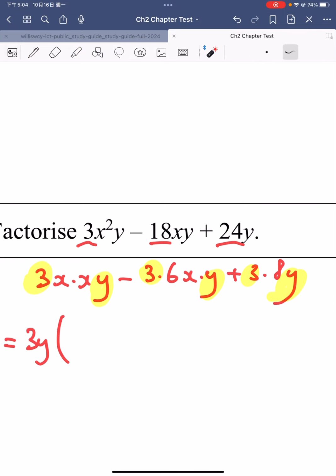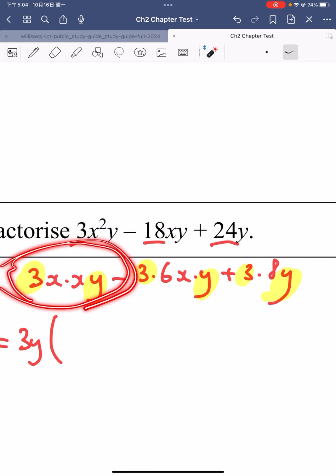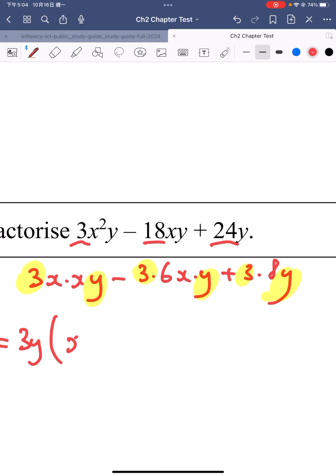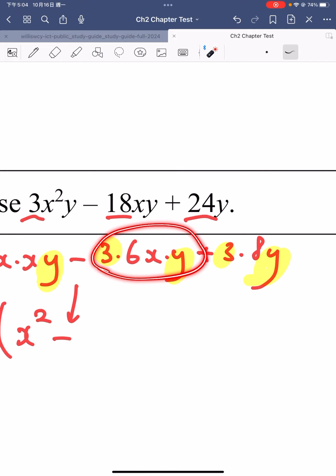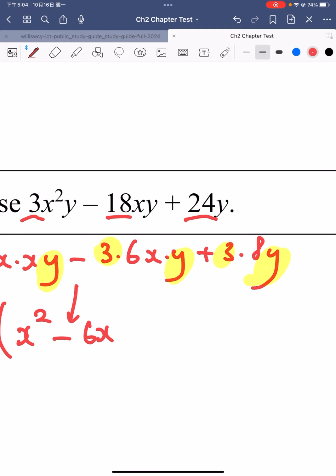What we have left from 3x times y is just x squared. Then we keep the negative sign, and then 3 times 6x times y. We take out the 3, take out the y, what we have left is just 6x. And similarly for the last one, we have 3 times 8y. We take out the 3, take out the y, what we have left is just 8. So we add the 8 as well.